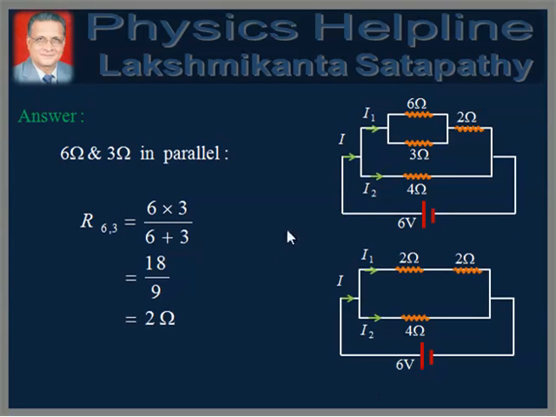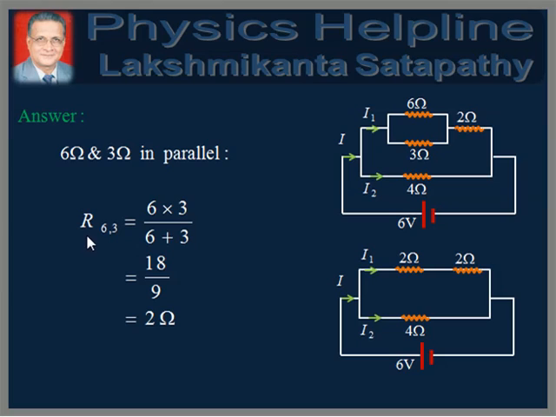Now for the answer. First of all, we'll determine the total resistance of the circuit. Using this and the EMF of the cell, we will determine the current drawn from the cell, which we have denoted by I. So first, the equivalent resistance of 6 ohms and 3 ohms in parallel.